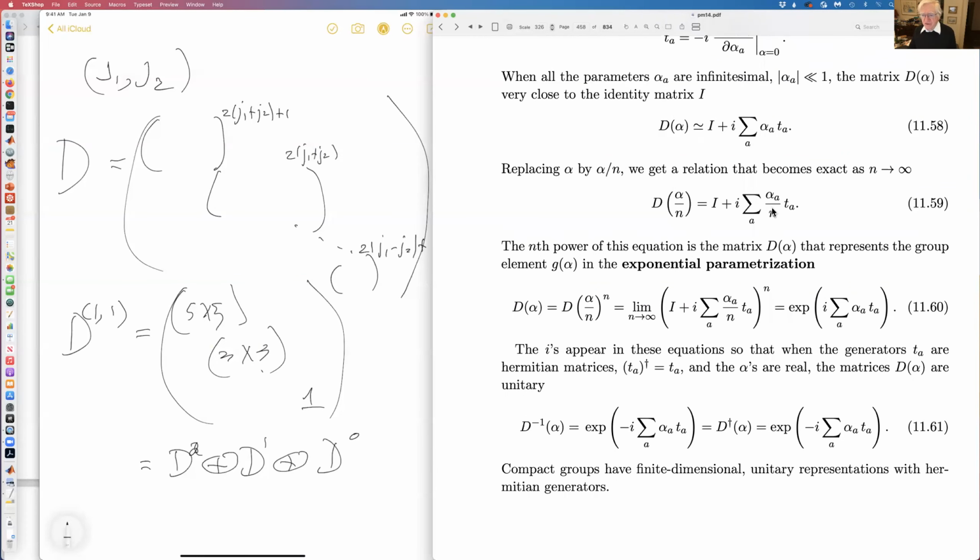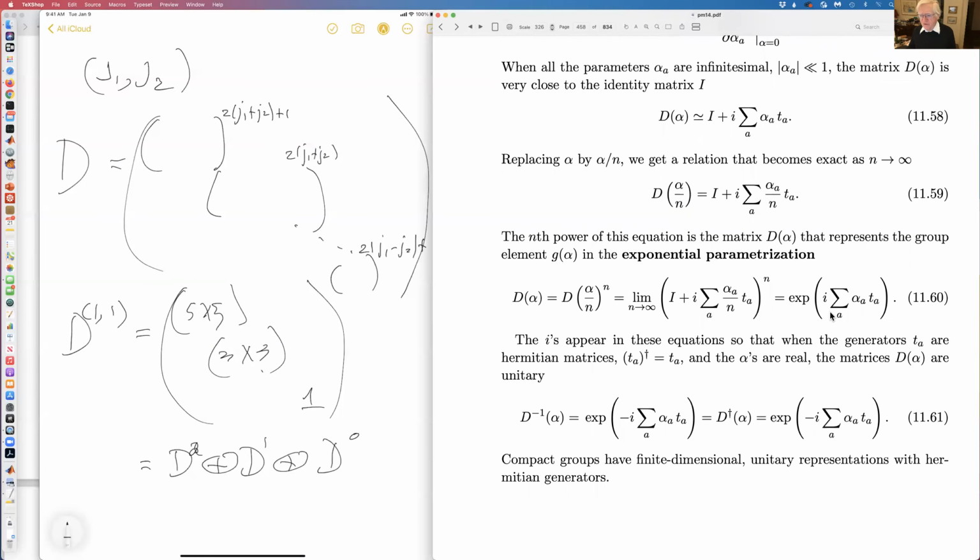And then the nature of the exponential is such that if we take the limit, n goes to infinity, of this expression raised to the nth power, we of course get the exponential e to the i, the sum of alpha sub A, T sub A. And we call that D of alpha then.